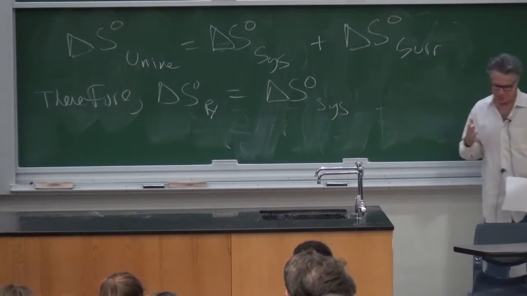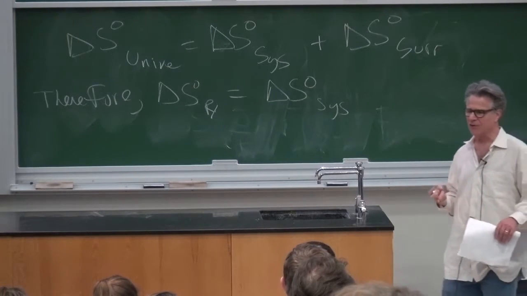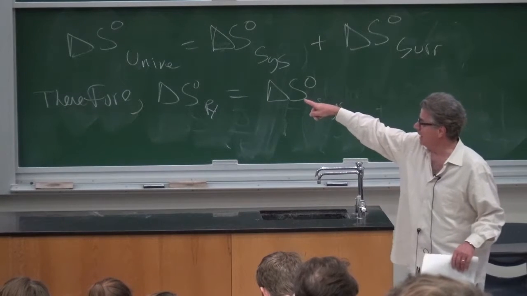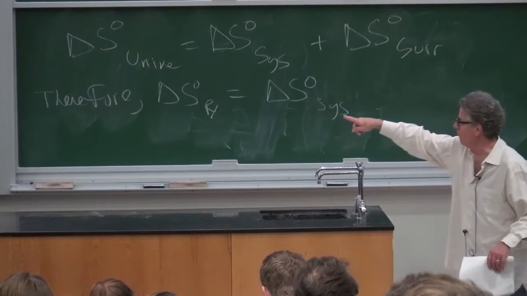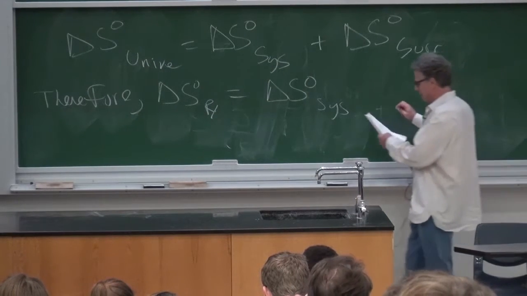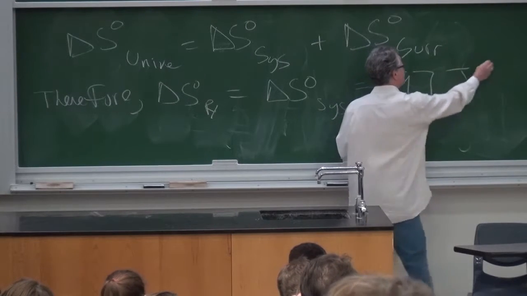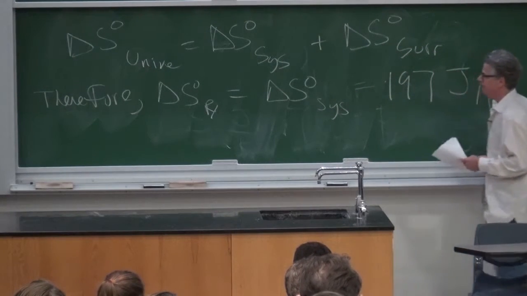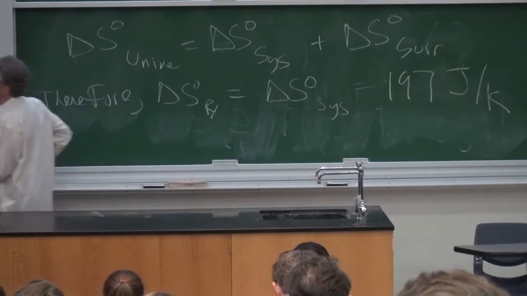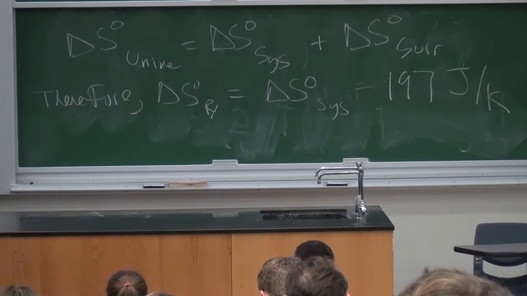So in the system, in the flask, we're asking the question, what's the entropy change? Well, we already know it's negative. It's taking 4 molecules and making 2. And so that's our minus 197 joules per Kelvin.